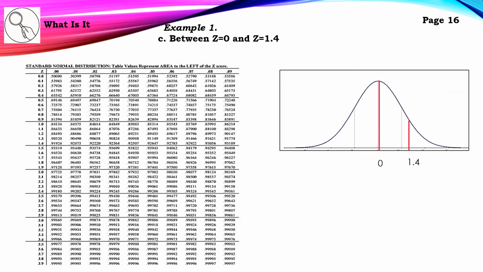The probability value of 0 is 0.5 and the probability value of 1.4 is 0.91924. So let us shade the area to the left of 0 with color green, and shade the area to the left of 1.4 with color yellow.